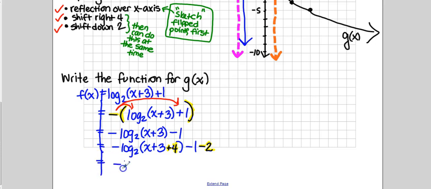Completing our final function here, let's combine like terms. Positive 3, oops, I made a mistake. So shifting right 4 is not a positive 4. Remember, and I needed to remember in that moment when I was writing, to the right is minus.